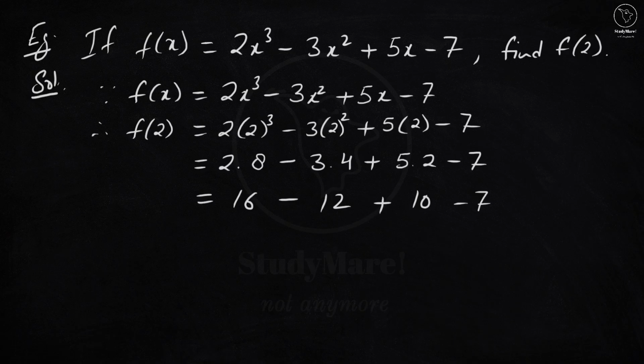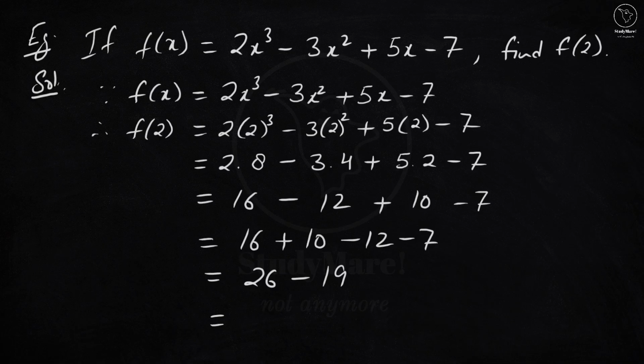Now arranging all the positive numbers together and negative numbers together, we get 16 plus 10 minus 12 minus 7. Solving it further, we get 16 plus 10 as 26 and minus 12 minus 7 as minus 19, which is equal to 26 minus 19 is 7.